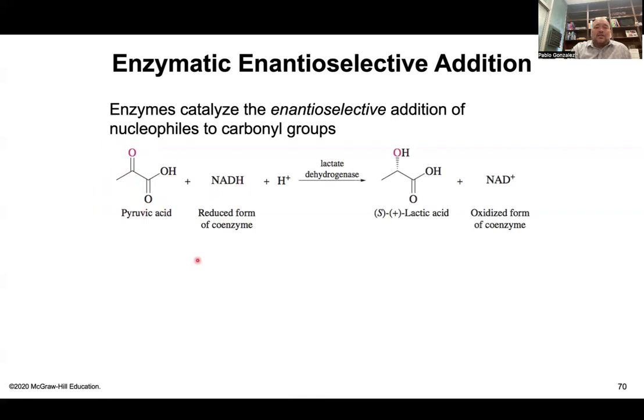So this NADH is going to attack this carbon in here, producing the alcohol, and this is going to be the lactic acid. The enzyme that they use is lactic dehydrogenase, that we use in our body, and eventually we're going to produce, again, the oxidized form of the coenzyme, that is NAD, that reduces these ketones to the alcohol.